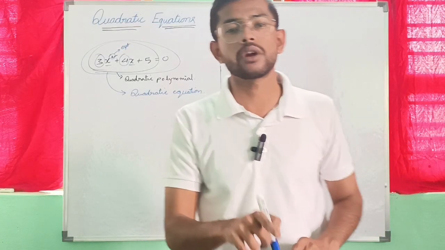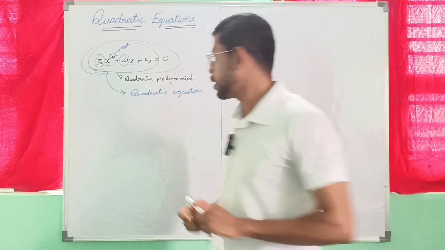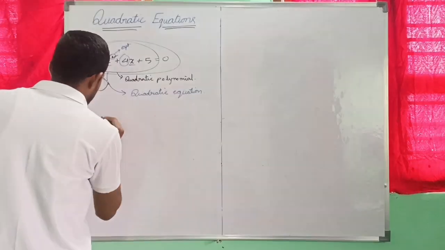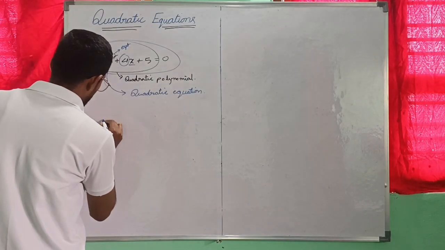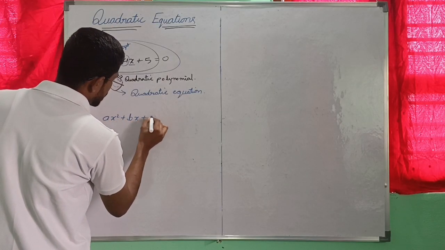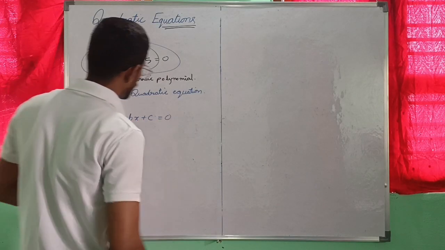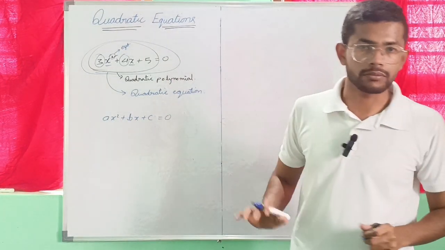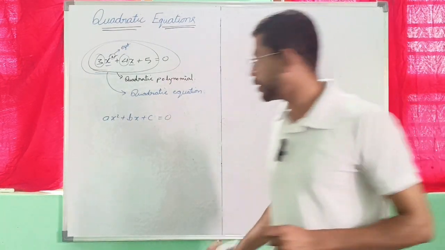The general form of the quadratic equation is ax squared plus bx plus c equals 0. You understand?